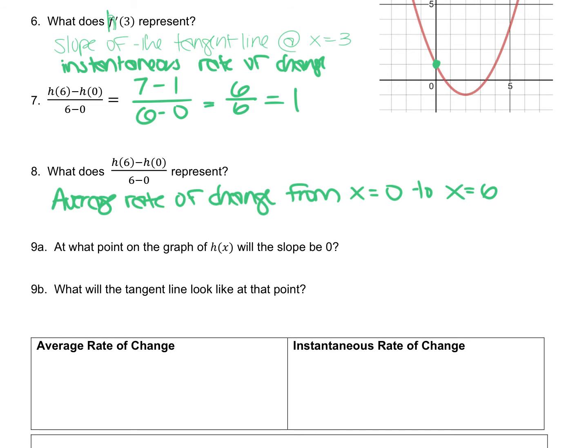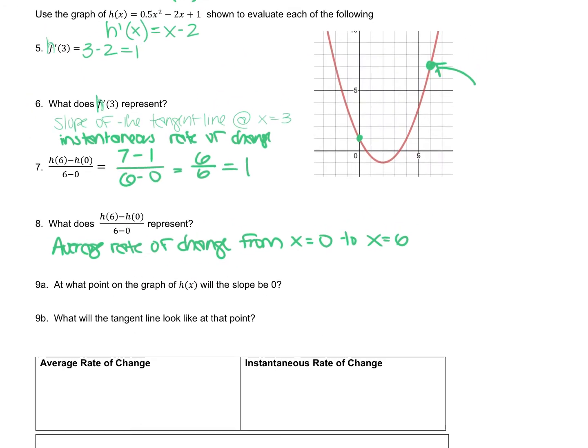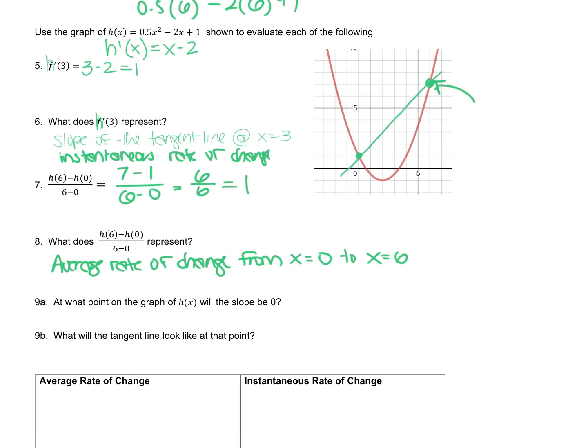So that would be a secant line from here to here, and then that would be our answer. That one's asking what it represents. The slope of that line should be 1. If I drew that, that would be your answer to 7. Yes.